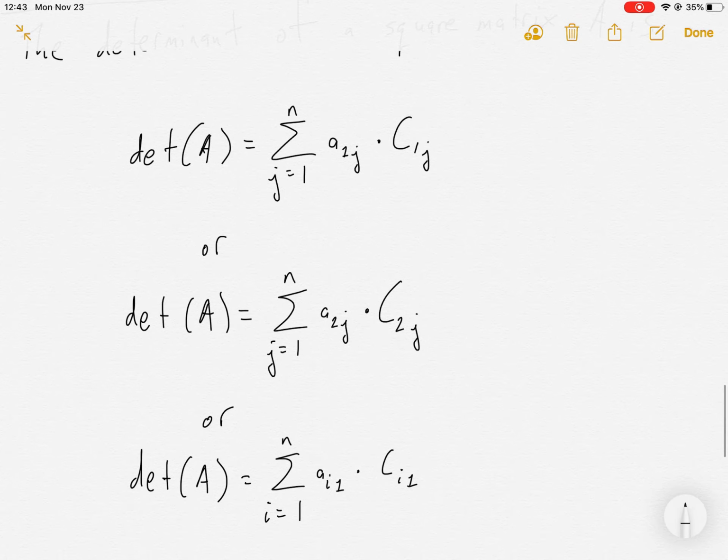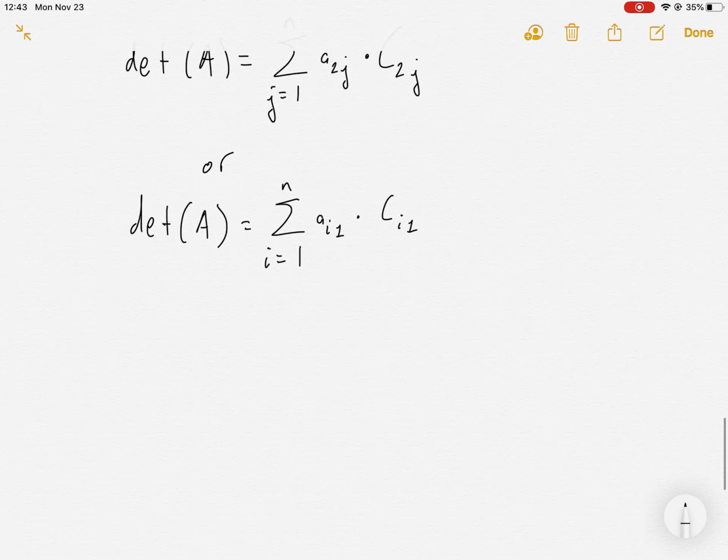So this is a pretty detailed formula. Really what this is saying is it's the sum of the entries in the matrix times the cofactors. And you can do that along any row or column that you like. And I'll show you what this means in practice in just a moment.